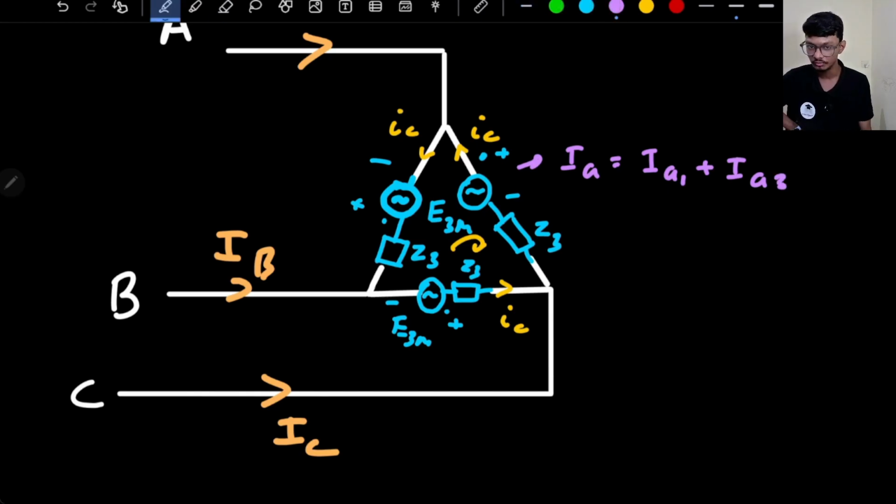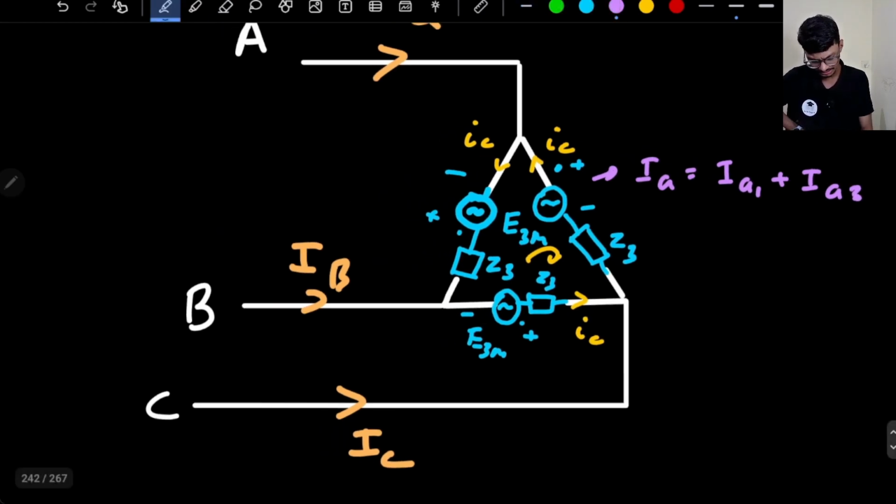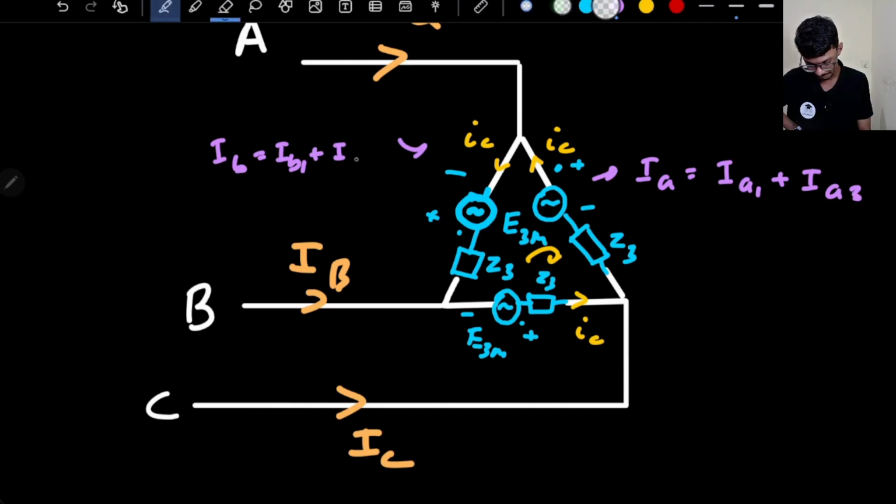And let's assume this has some phase current B, IB, equal to IB1, the fundamental component, and the third harmonic component, IB3. So it contains both IB1 and IB3.